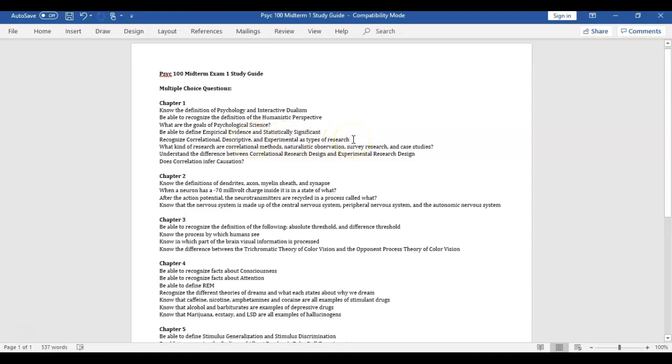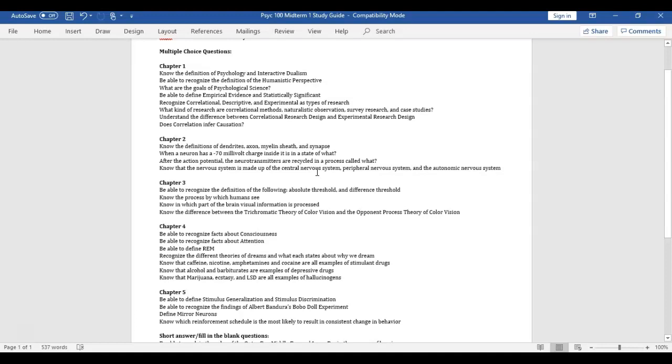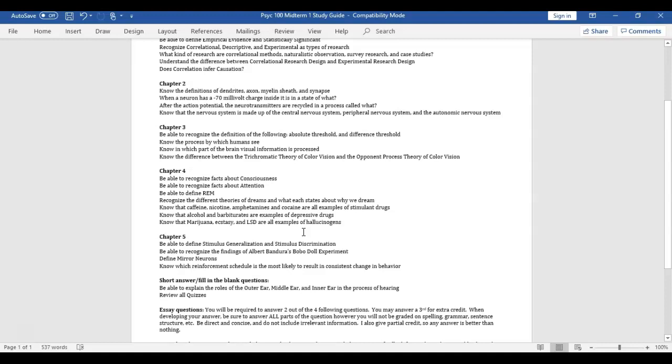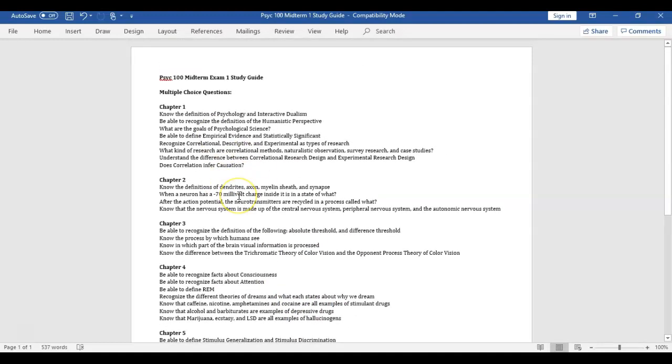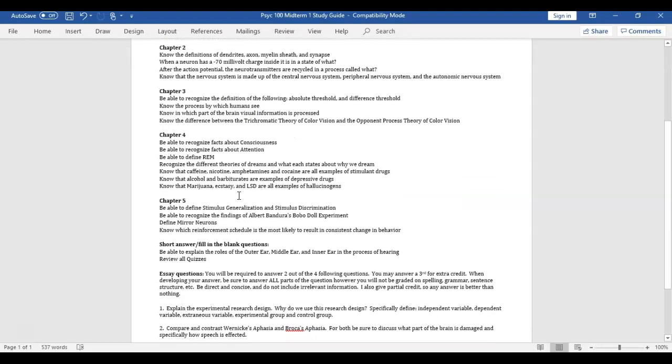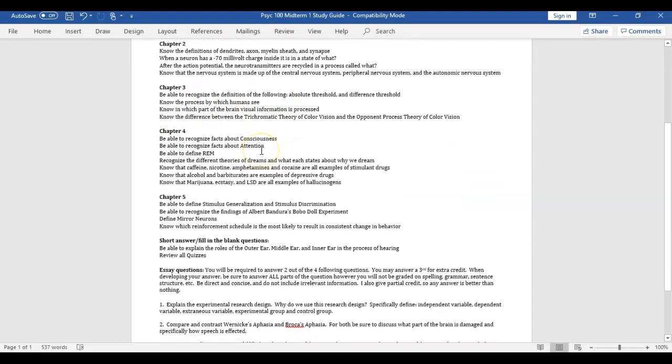Just know that. Don't go look anything up. Just know that these are all types of research. Another example in chapter 2, know that the nervous system is made up of the central nervous system, peripheral nervous system, and the autonomic nervous system. Just know that. You don't have to look anything up. So some of these you have to go find the answers to, and then others you need to just know that information and be able to recognize the correct answer in the multiple choice section.